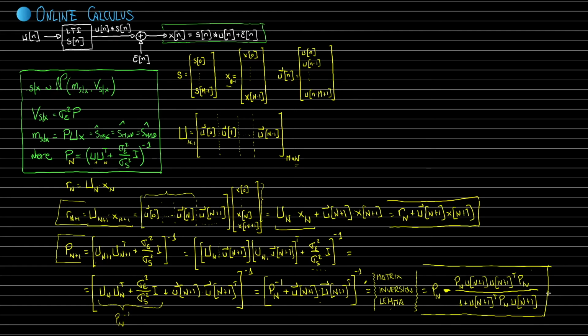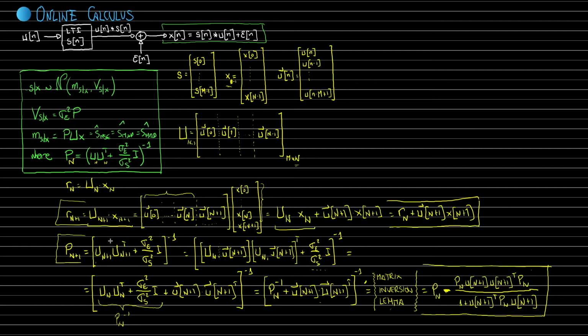Since this matrix is the inverse of this one, we can just multiply both to verify that the product of both is the identity matrix. So this is the easiest way to test that the matrix inversion lemma works here. Okay, so we could do that. It's not difficult, but I will skip the details.